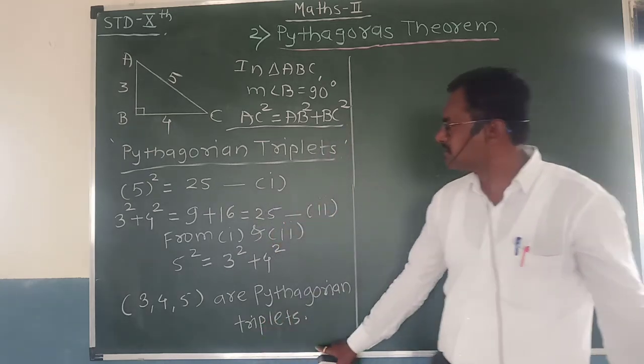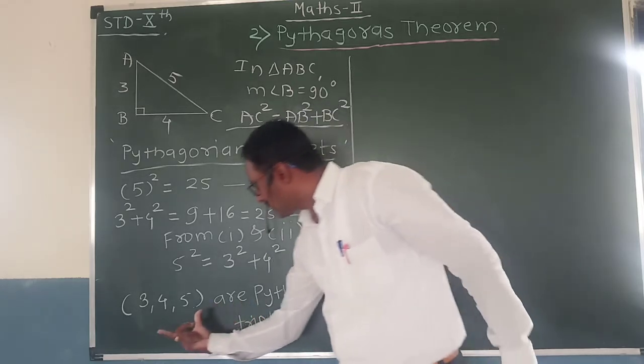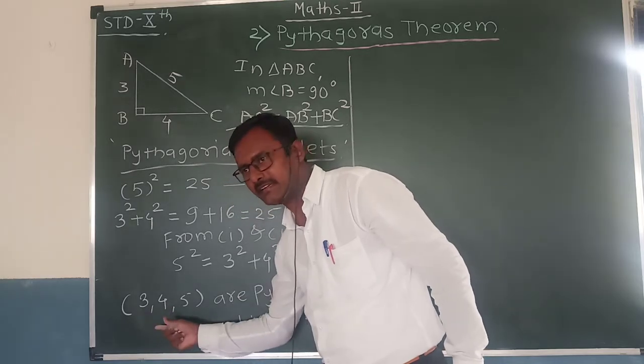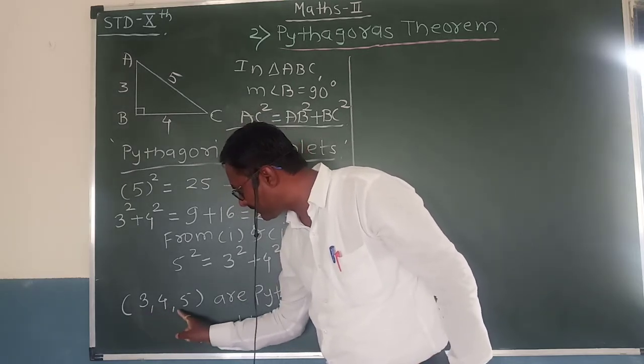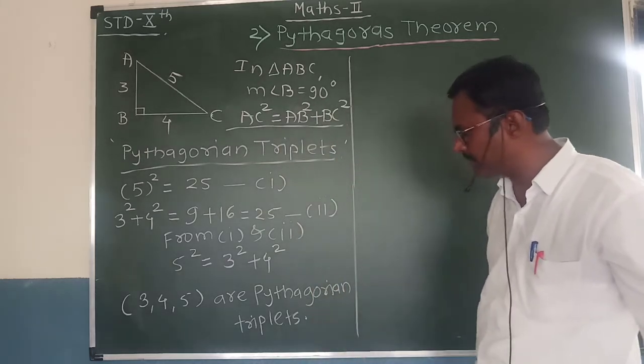The numbers you have to mention in a closed bracket, separated by commas. This is the way to mention Pythagorean triplets.